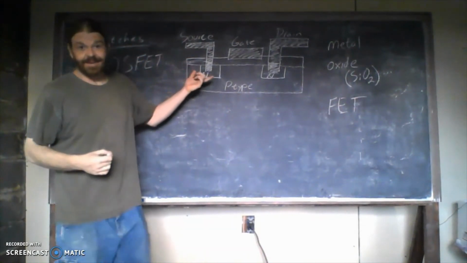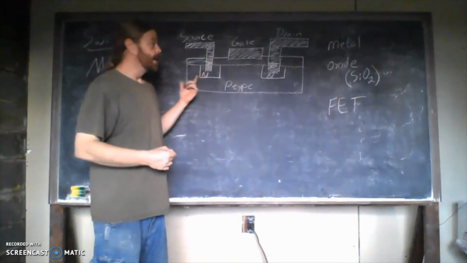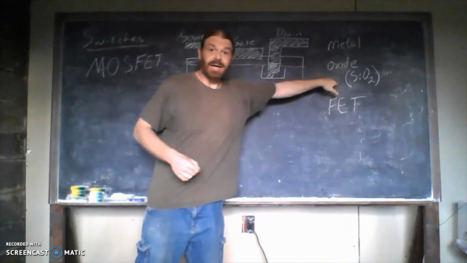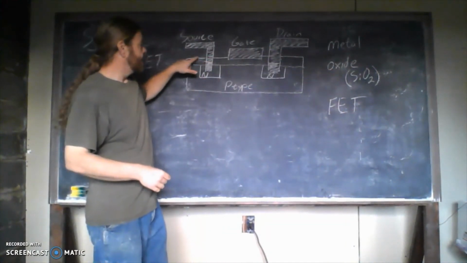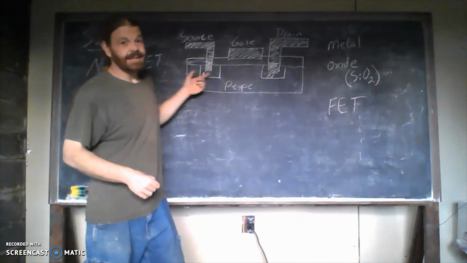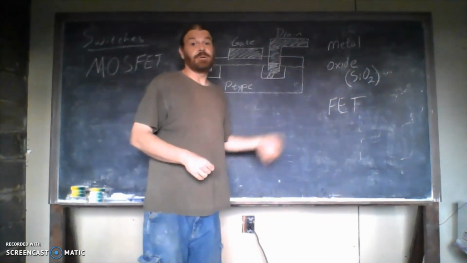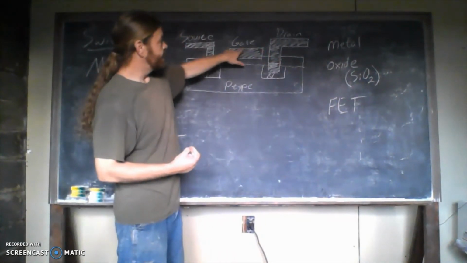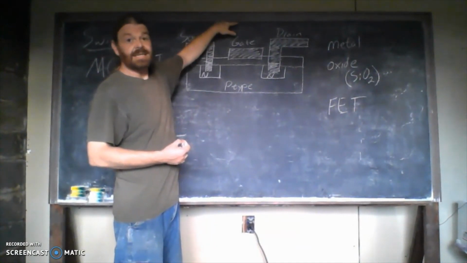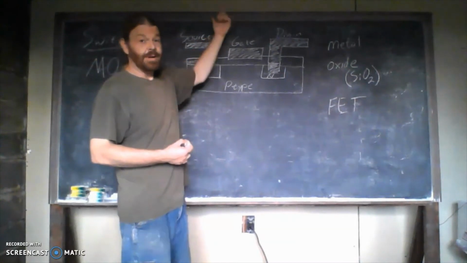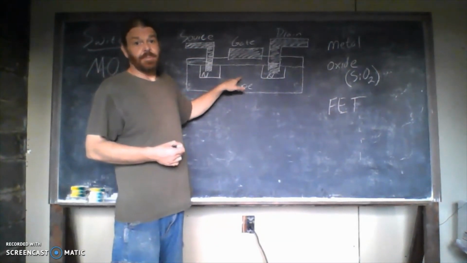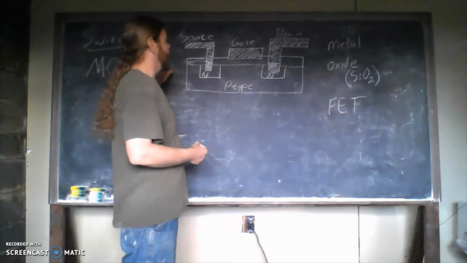It's a whole lot like the transistor we just looked at, except we add in this layer of silicon dioxide, which is an insulator, and then we do this with voltages rather than current. Notice that the base of our NPN bipolar junction transistor made contact with the P-type silicon.